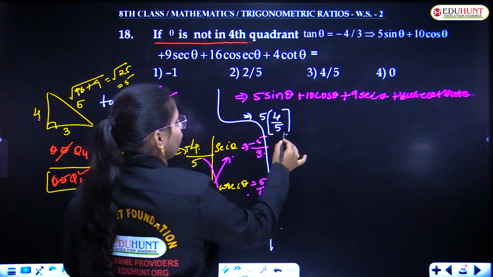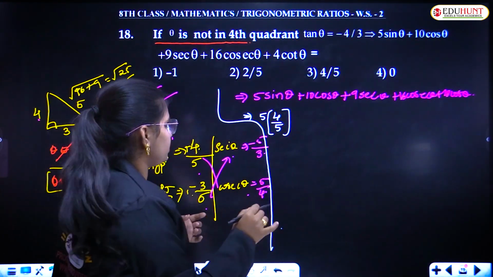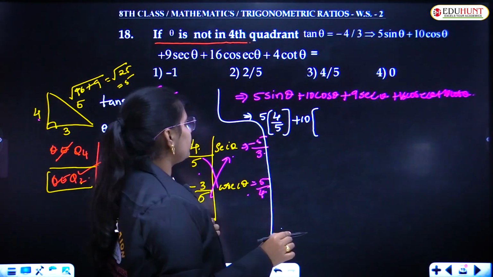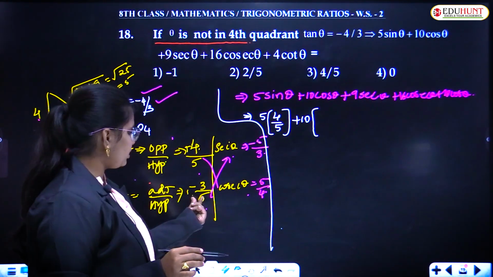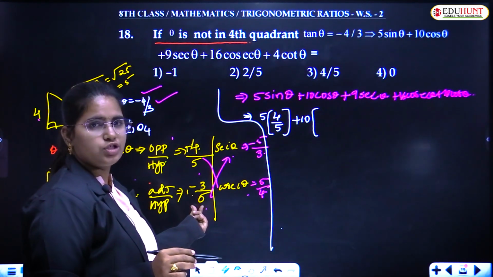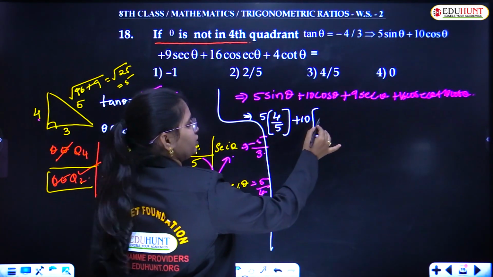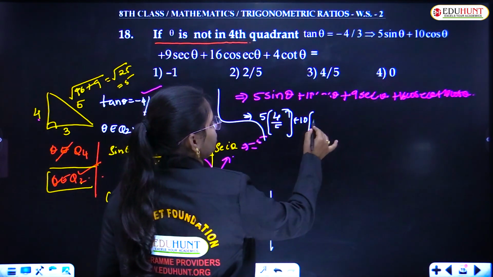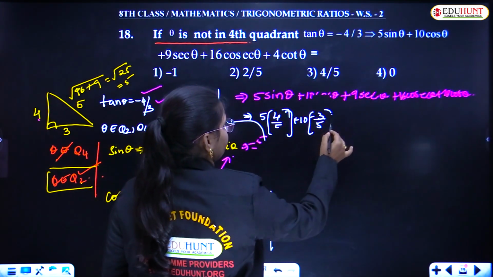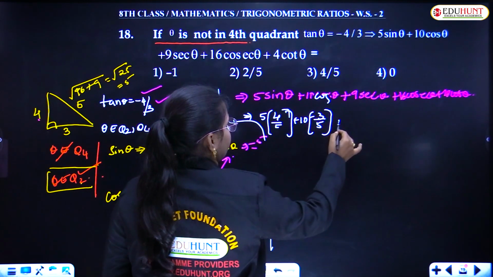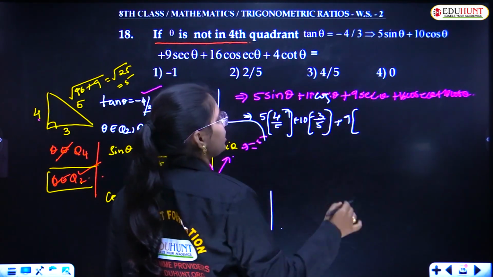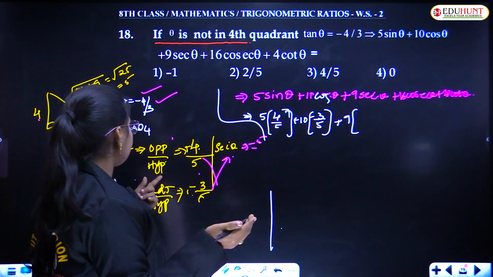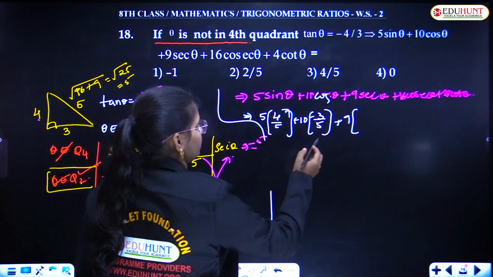So 5 into 4 by 5. Plus 10 into cos theta, which is minus 3 by 5. Plus 9 into secant theta, the reciprocal of cos theta, which is minus 5 by 3.